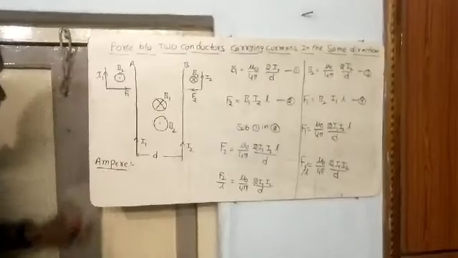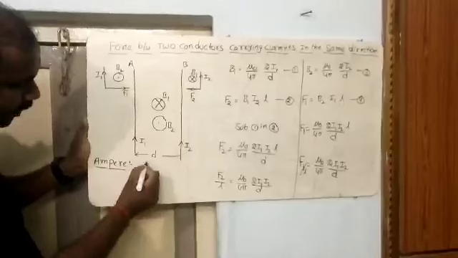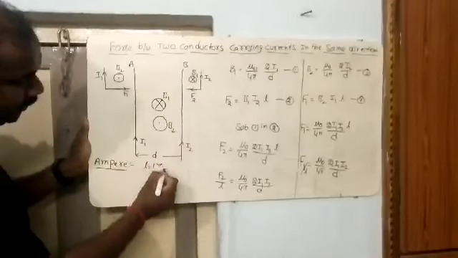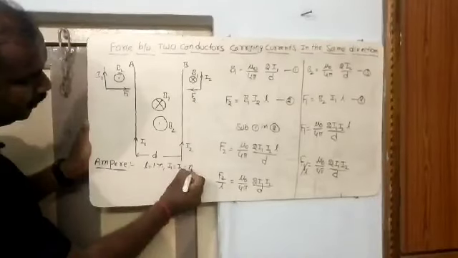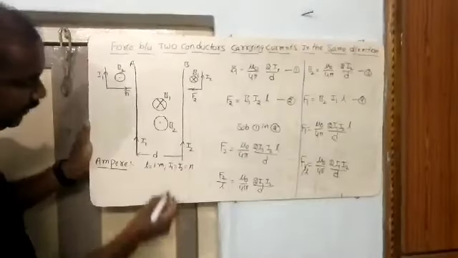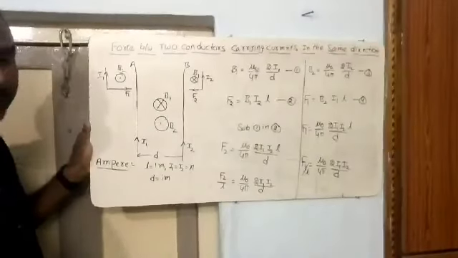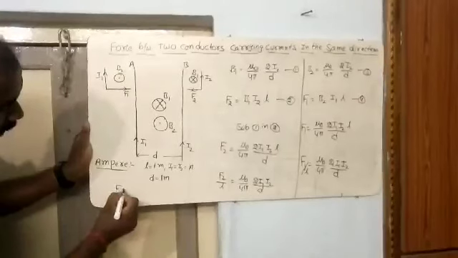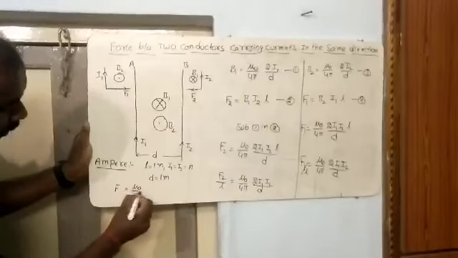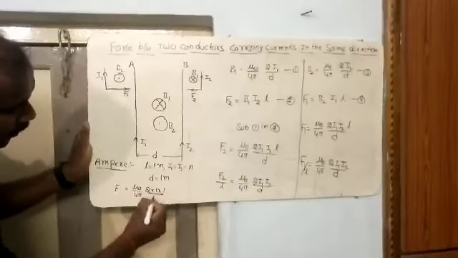See, here I am taking two conductors, each of length 1 meter. If both are carrying the same current, and the separation between them is 1 meter, then I can substitute into the equation F is equal to mu naught by 4 pi into 2 into 1 into 1 by 1.